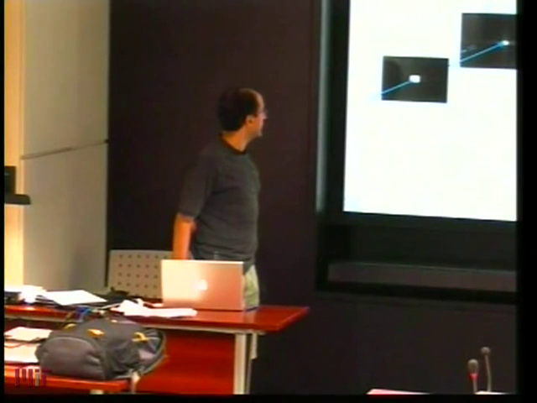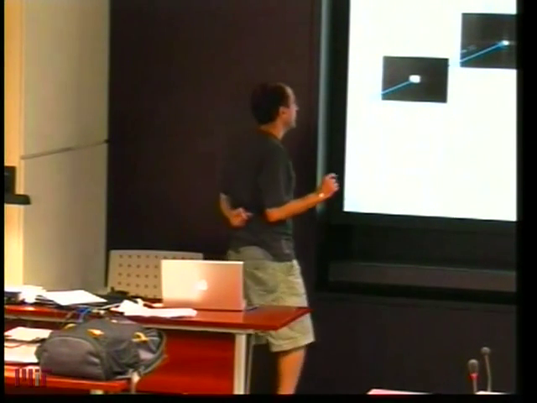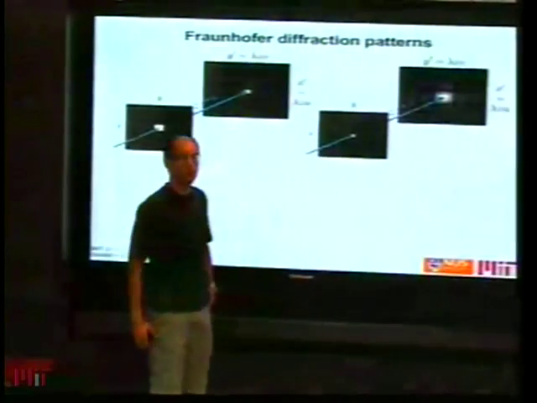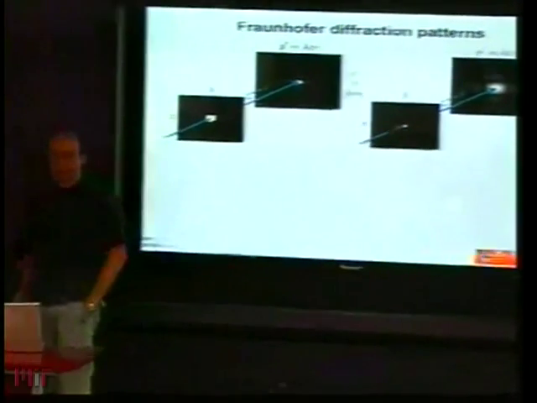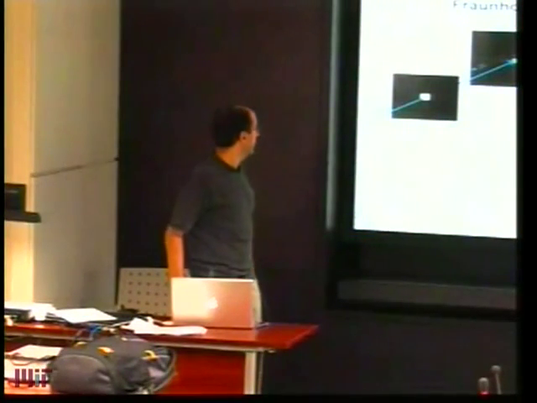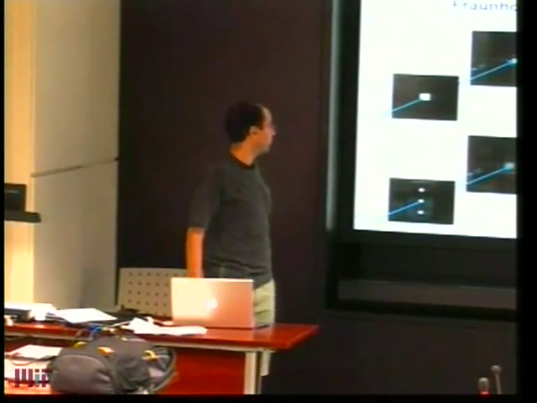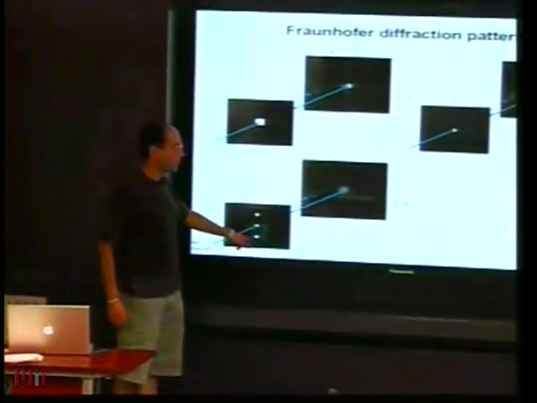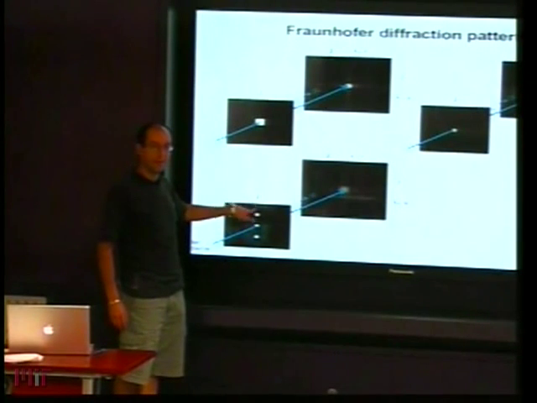And this is one example that we did. Then here's another one where I shrink the rectangular aperture, and of course the Fraunhofer diffraction pattern will grow. We call this the similarity or scaling theorem. Then I can, for example, use the shift theorem to calculate the Fraunhofer diffraction pattern from three rectangles.